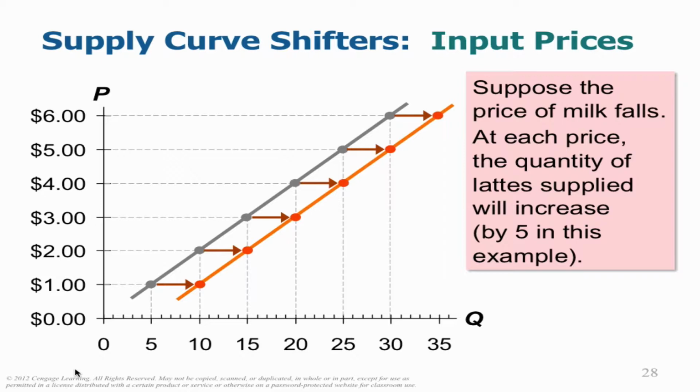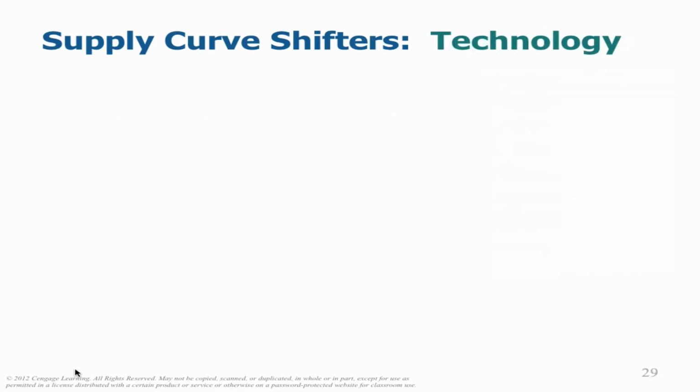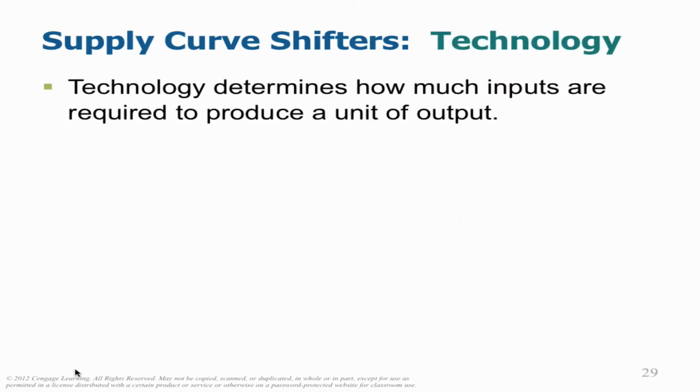Okay. A change in available technology, or just a change in technology, is a supply determinant. Because technology affects how you make something. And so, one of the great examples of a change in technology altering supply would be the invention of the tractor.